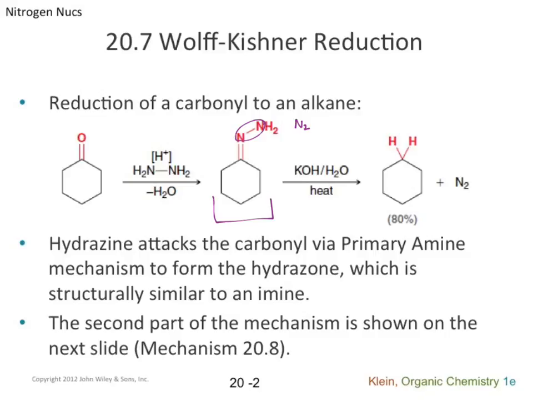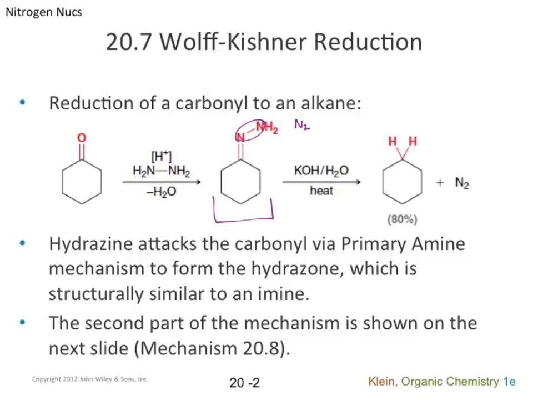Can we reverse a reaction if we don't have one of the reactants? No. So we can go through and remove that nitrogen structure in a process known as the Wolff-Kishner reduction. So we start off by reacting with hydrazine to form that NH2 or the N2 complex.